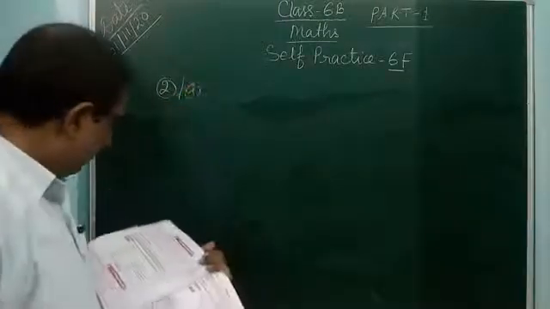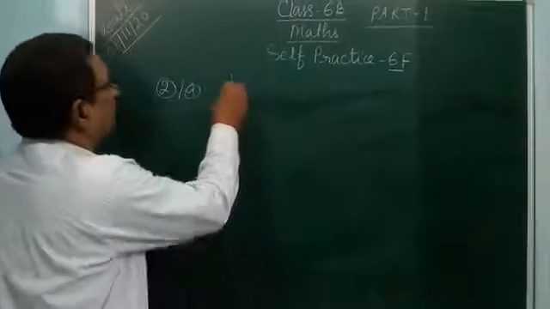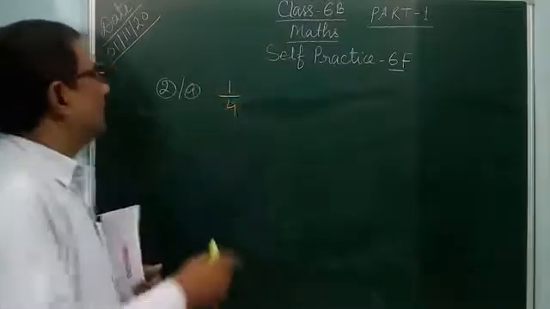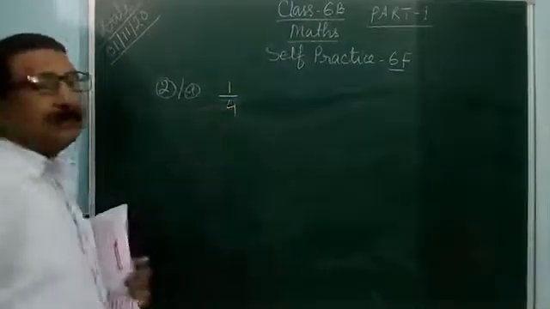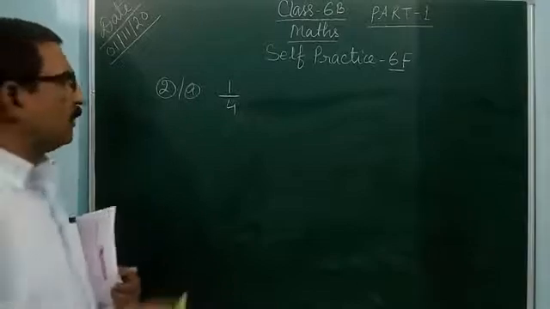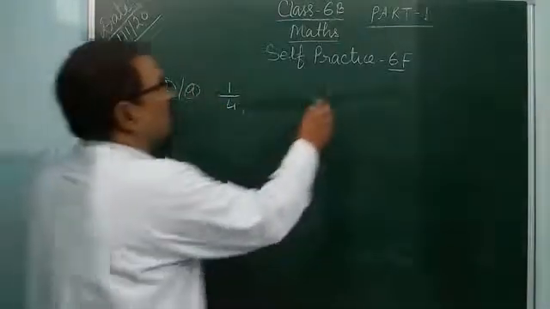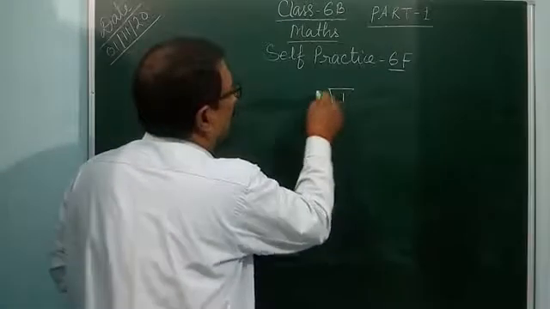Second is 1 by 4. But here you can see denominator is not 0. It means you divide 1 by 4 like that. You divide 1 by 4.